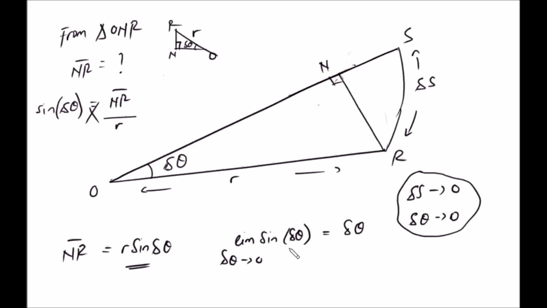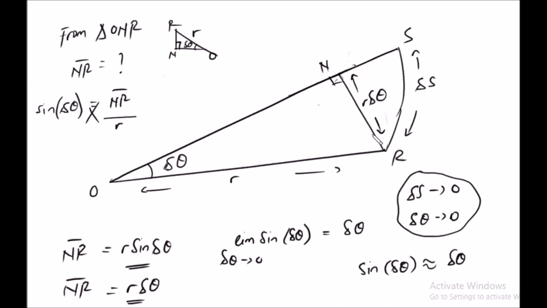Kwa delta theta ikiapproach 0, sine of delta theta inakuwa approximately equal to delta theta. Kwa hiyo NR sasa itakuwa r times delta theta. Kwa hiyo urefu hapa now ni r times delta theta.